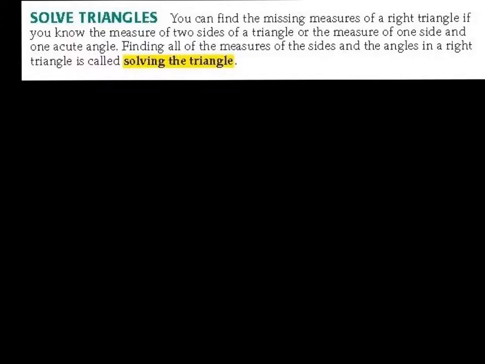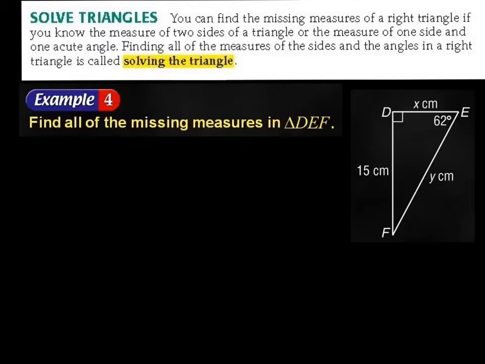You can find the missing measures of a right triangle if you know the measures of 2 sides of a triangle or the measures of 1 side and an acute angle. Finding all the measures of the sides and angles of a right triangle is called solving the triangle. We could say solve, but they said find all the missing measures in triangle DEF.